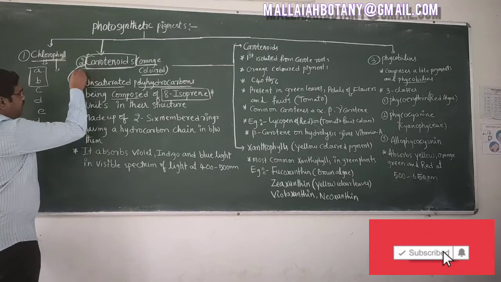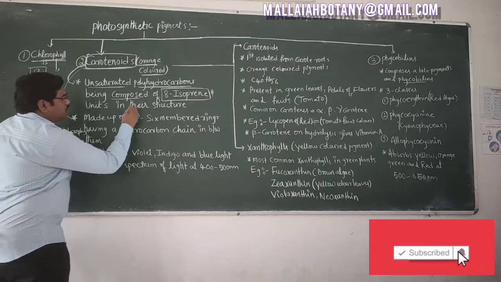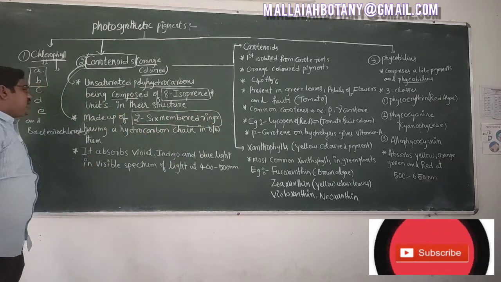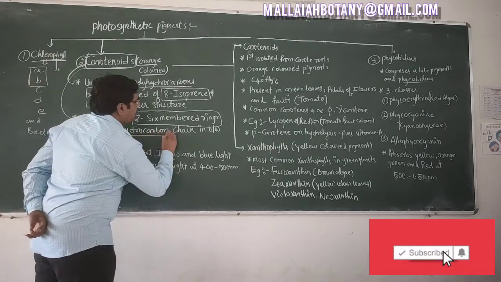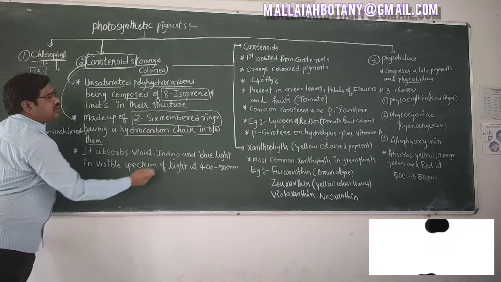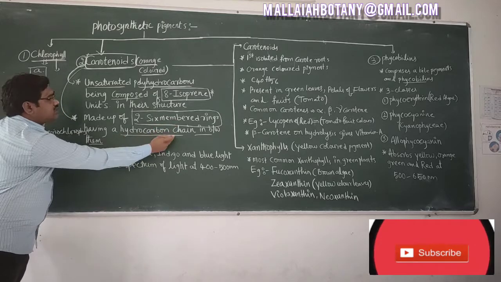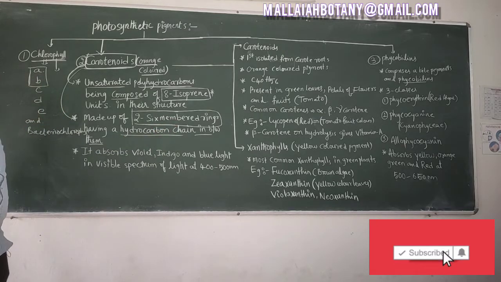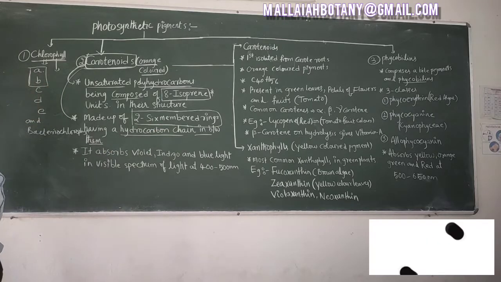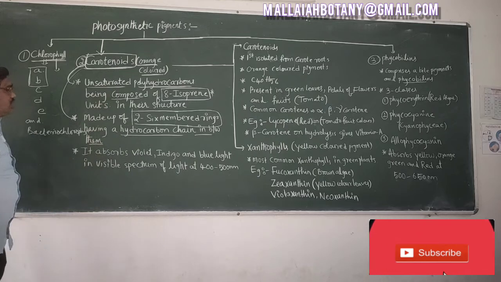Next, the carotenoids are made up of two 6-membered rings with a hydrocarbon chain in between them. So this is the structure of the carotenoids.